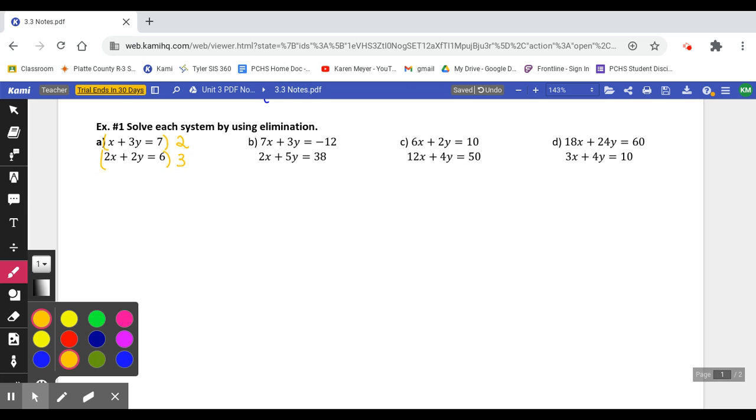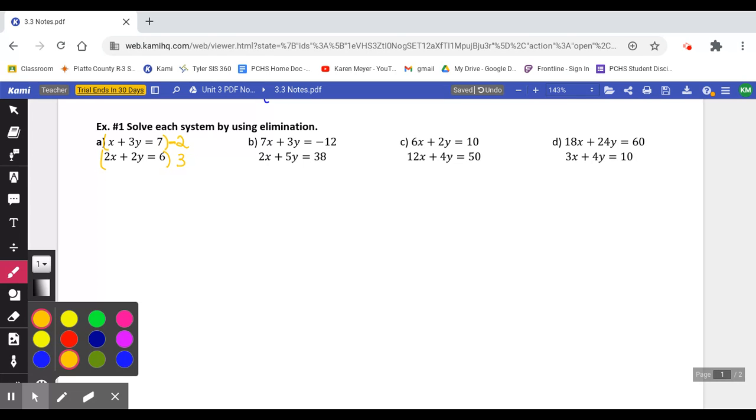Now, the signs for both of these are positive y and positive y. So they don't cancel out. That means one of them has to become a negative. So I am going to randomly pick the top one. I'm going to put a negative with the 2 so that it will cancel out. So on the top, multiply every single term by -2.